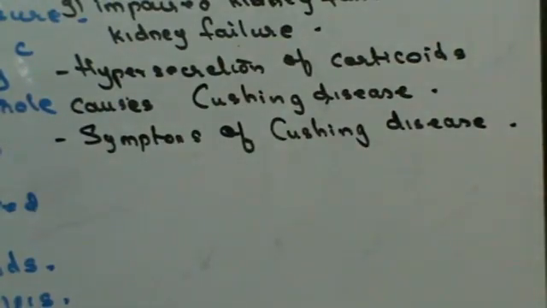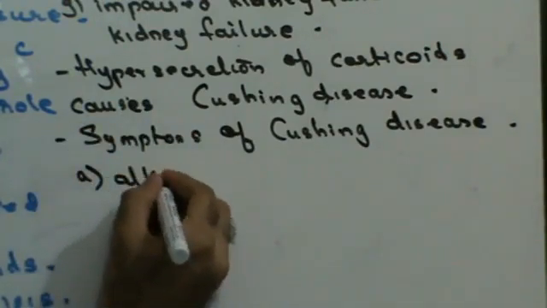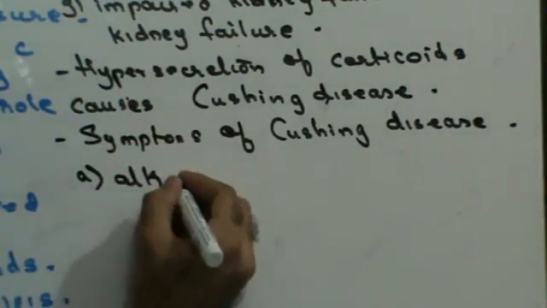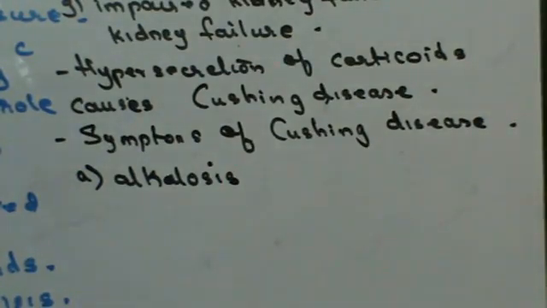The symptoms of Cushing disease are, first, excessive alkalosis, that is excessive electrolyte in your body.